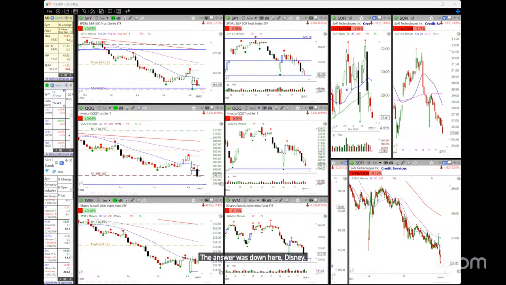Disney 104.90. Somebody doing very good.